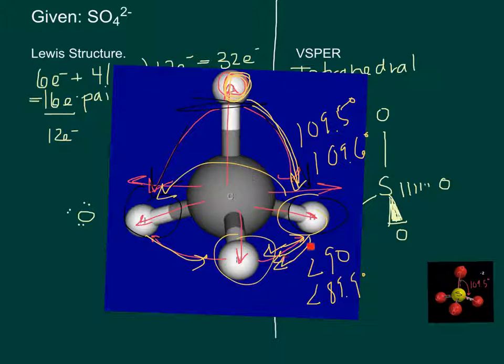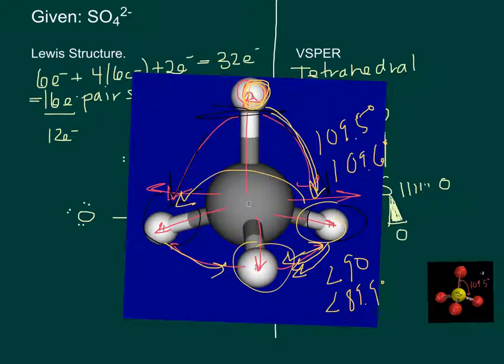They want this space right here to be as great as it possibly can be. And so that's why we have a tetrahedral shape where these are bent away from the central atom and are spaced as far as they possibly can be from each other.